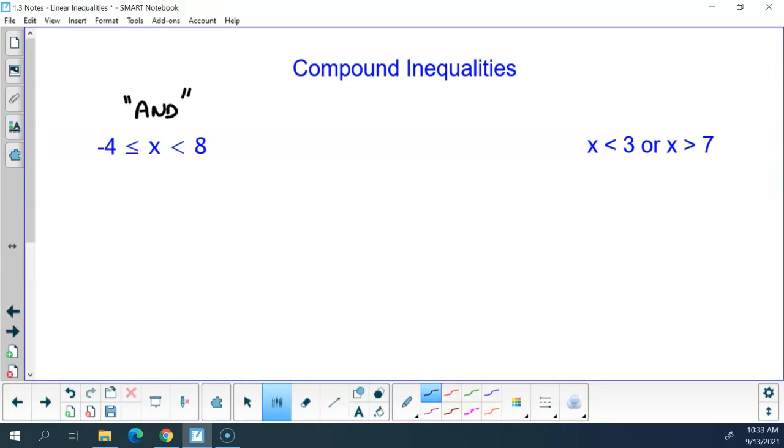It comes in the AND form, and it comes in the OR form. In the AND form, both of the inequalities must be true in order for you to represent the solution. In the OR form, one of them or both of them need to be true in order to be represented in the solution.